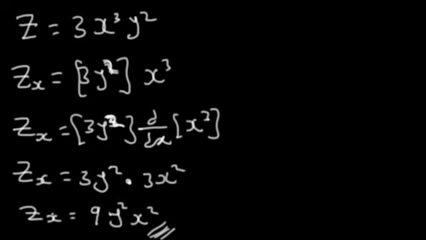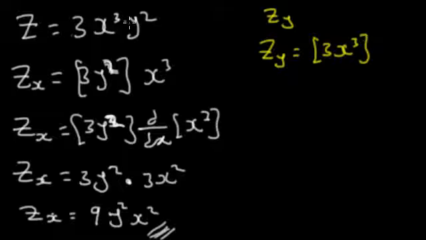So let's have that in here. To find z sub y, first we need to treat the x terms as a constant along with the coefficients. So by bracketing it, this clearly means that z sub y would simply be equal to, so put this in the bracket, 3x cubed, times y squared.